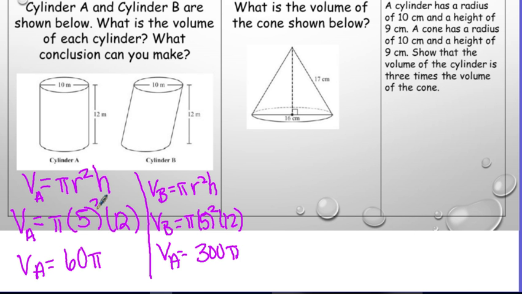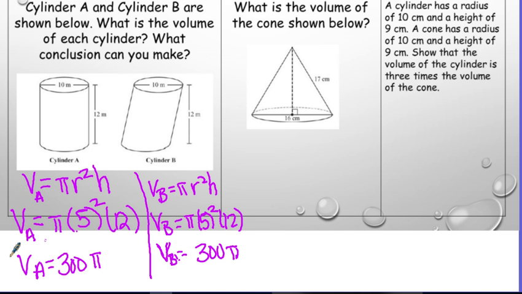And here I forgot the square, so let's go back and fix that. And we just did it for the other one. So that's 300 pi. And if you notice, the volume of these two figures are the same. They're exactly the same. Even though the other one is slanted some, it's still the same. And that is because of Cavalieri's principle.